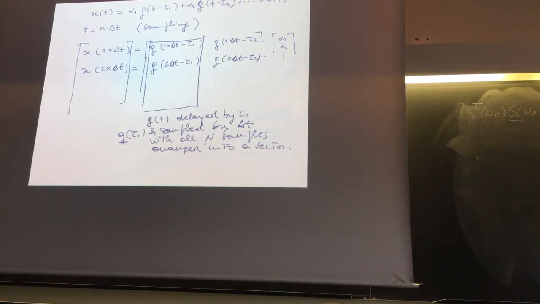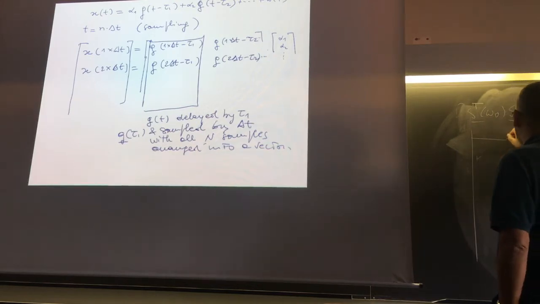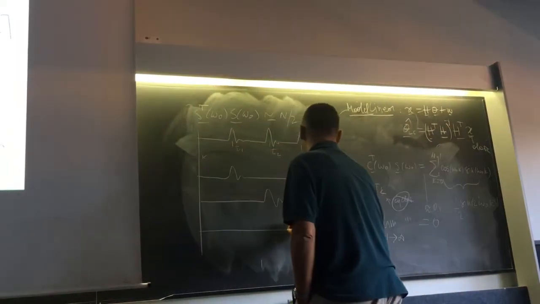Let me write in the other way. The first column, so if my experiment is one pulse, this is tau 1, this is tau 2, this is tau 3, is equal to the first one, the second, and the third.